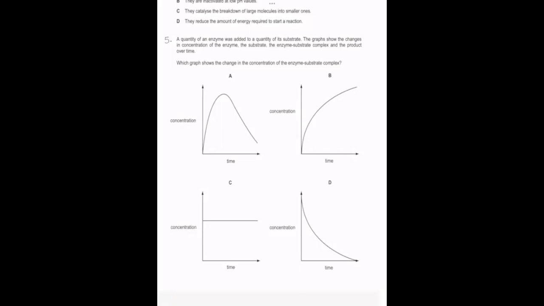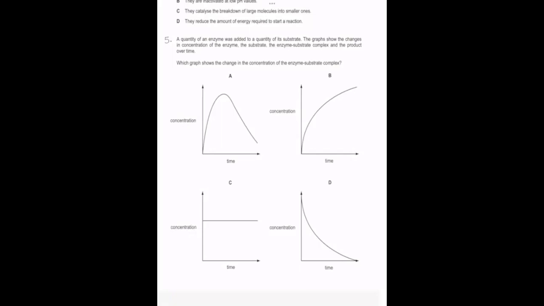Which graph shows the change in the concentration of the enzyme substrate complex? यानी जैसे जैसे time गुजरता गया, तो जो change हुआ concentration of enzyme substrate complex, वो कौन सा वाला ग्राफ शो कर रहा है? आपको कोई ऐसा ग्राफ चूज करना है जिसमें in the beginning the concentration of the enzyme substrate complex was low. As time is passing, it's gradually increasing.